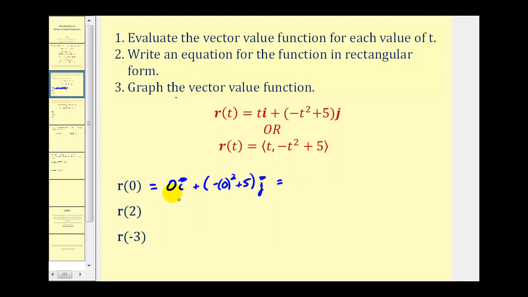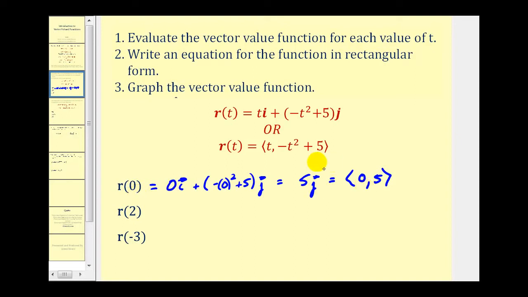So notice here we'd have 0 times the i vector plus 5 times vector j. So we could express this as 5j, or if we want to express it in component form, it would be 0, 5. This is one vector generated by the vector-valued function, where the terminal point of this vector would be one point on the plane curve.